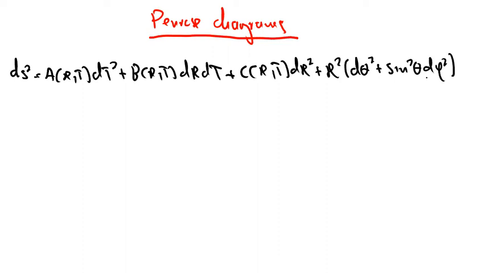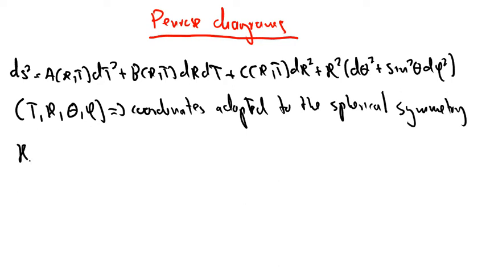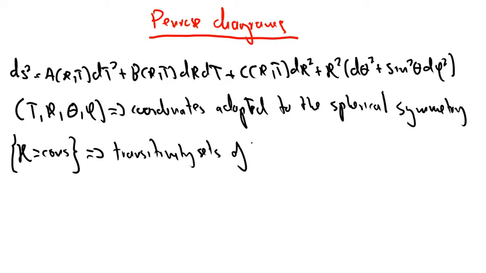Okay, where here we have chosen a coordinate system adapted to the spherical symmetry, in the sense that there are constant sets, are sets of transitivity of the isometry group, which for the spherical symmetry is well known that it's isomorphic to SO(3). Okay.